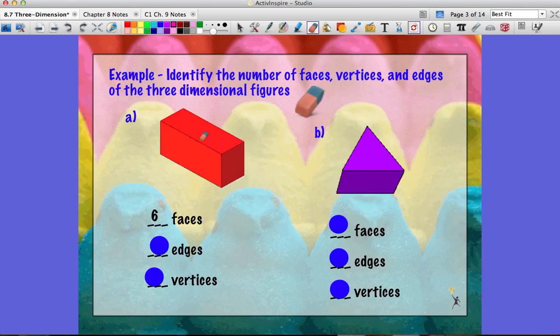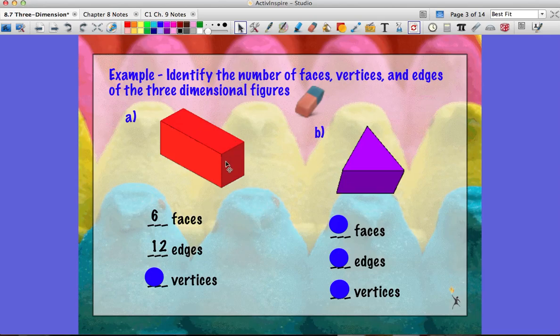Now, the bottom and the top each have 4 edges. 1, 2, 3, 4. 1, 2, 3, 4. In order to connect each of those, the top and the bottom, you have to have an edge going from corner to corner. So if there's 4 down here and 4 up here, then you have 4 in the middle. So this shape has 12 edges.